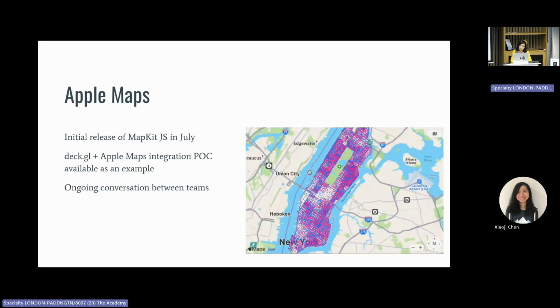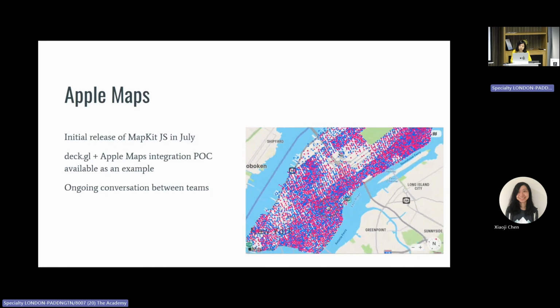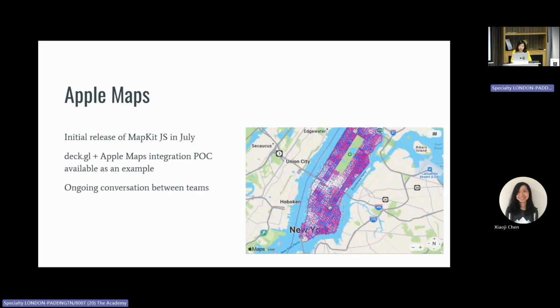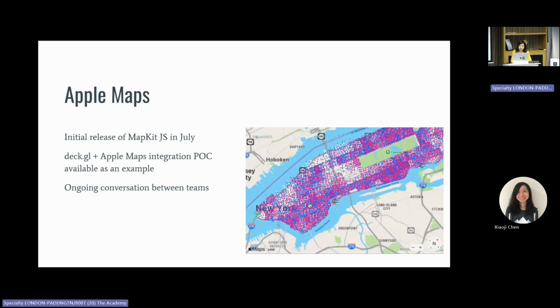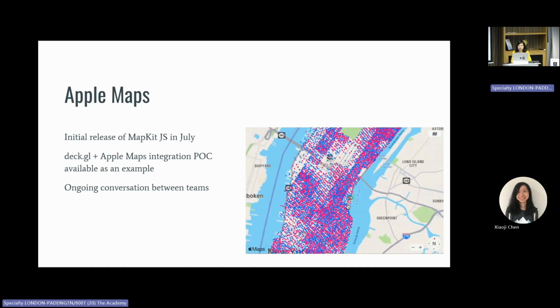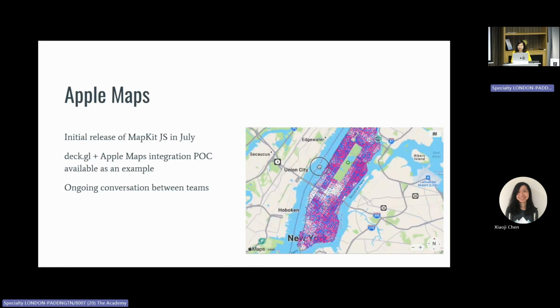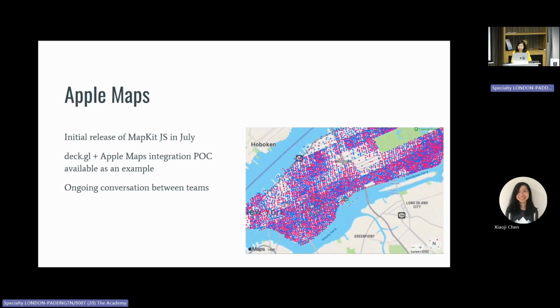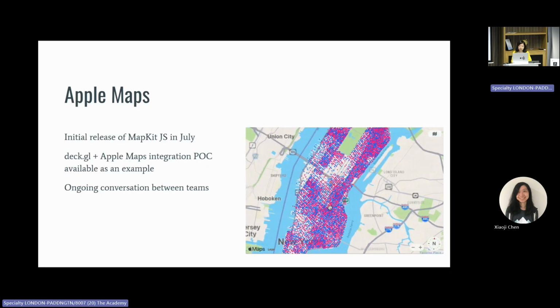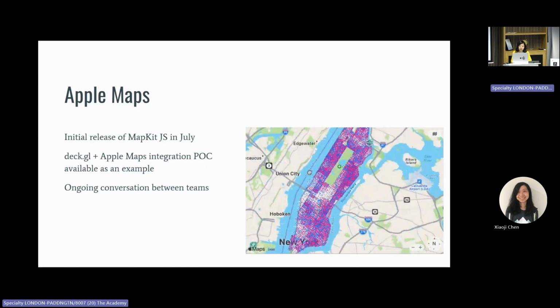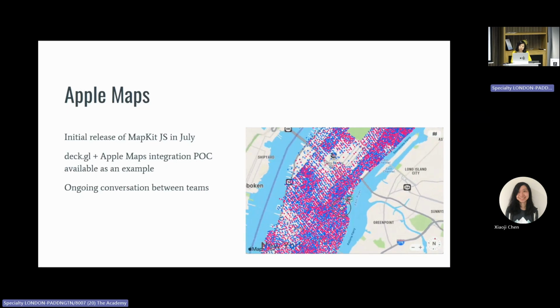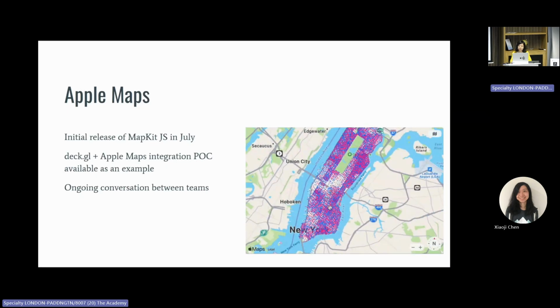So I couldn't rule it out. So we could consider making an official integration module if we have the right amount of demand and people willing to help maintain that library. We have an ongoing conversation with the Apple Maps team. We will see where this goes.